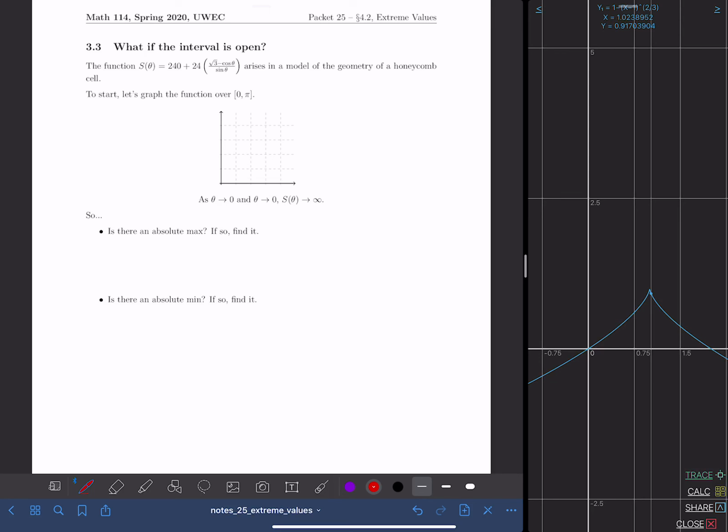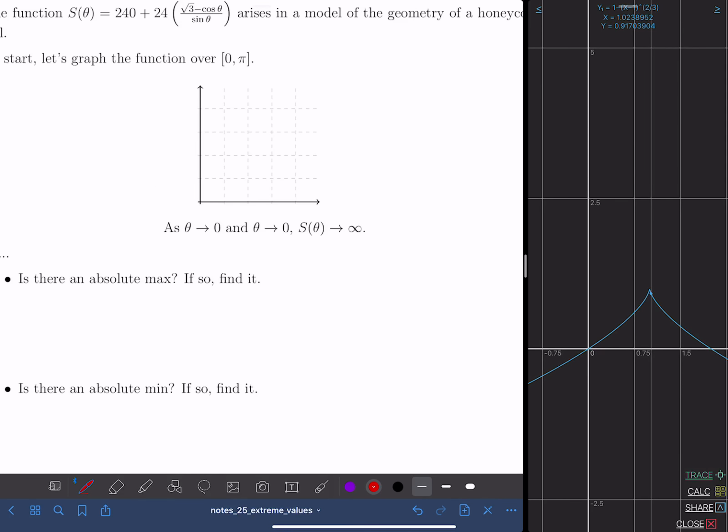And I've got lots of content online for this. The point is that I've got a graph from 0 to pi, and it's infinity there, so there's a min but no max.